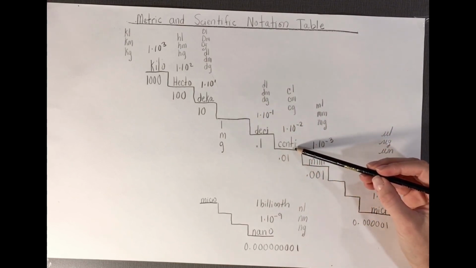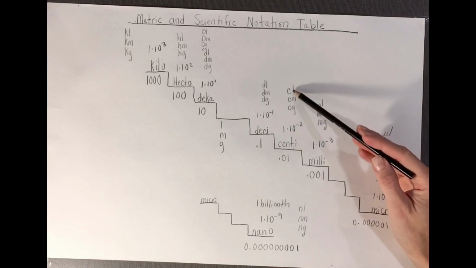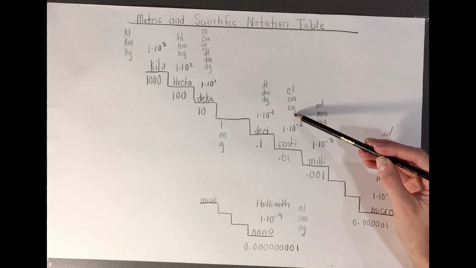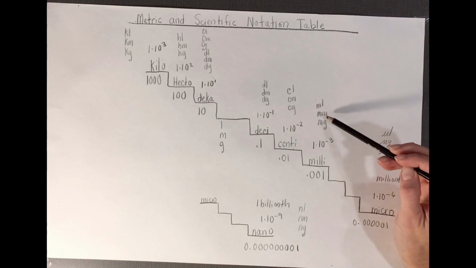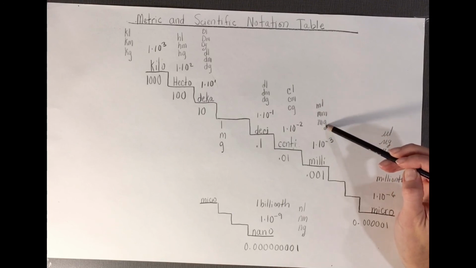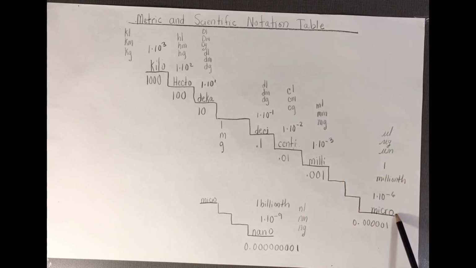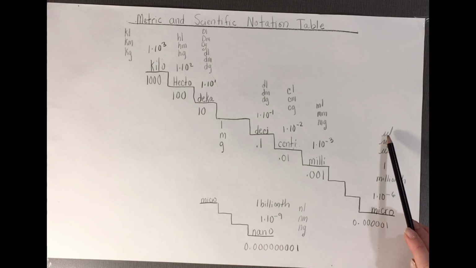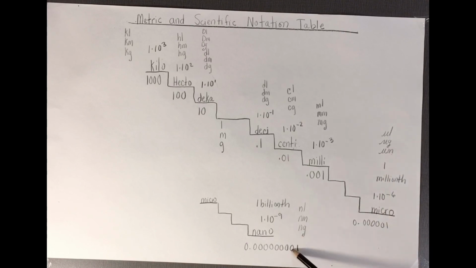One hundredth of a liter, meter, and gram is the centiliter, centimeter, and centigram. And one thousandth, milliliter, millimeter, and milligram. Now for the micro, the 1 millionth, it is a lowercase cursive u. So the microliter, microgram, and micrometer. For the nano, the 1 billionth, it's nanoliter, nanometer, and nanogram.